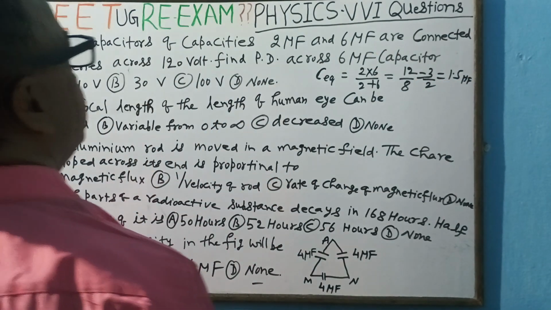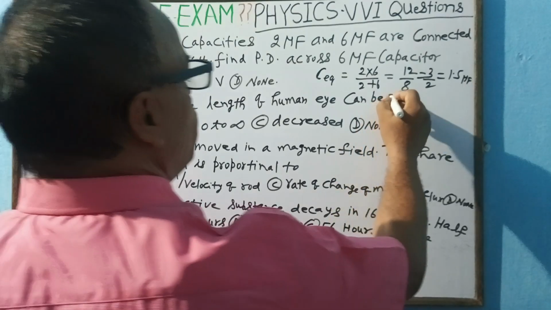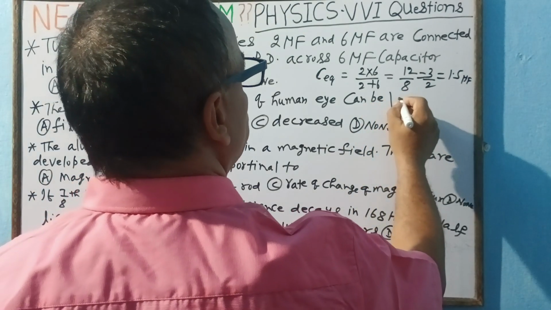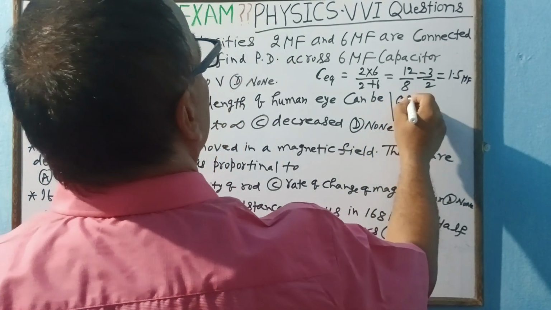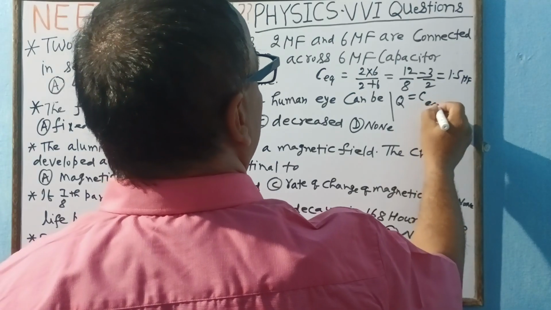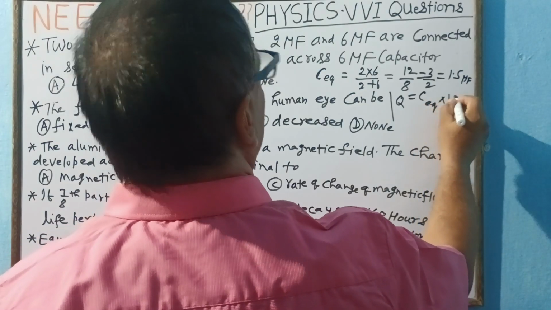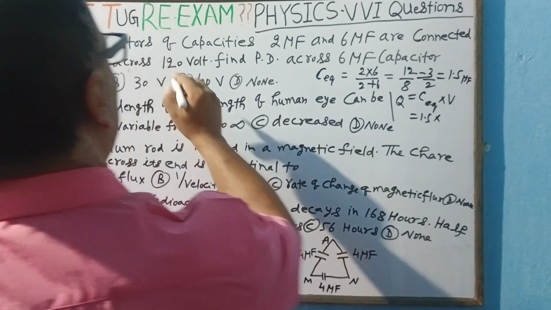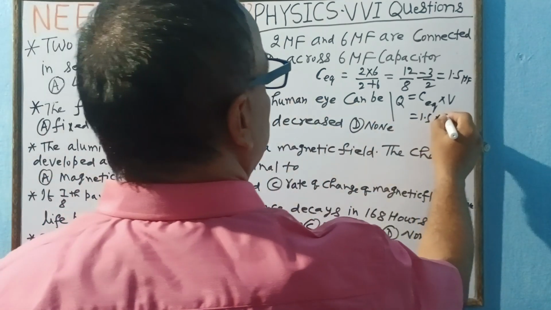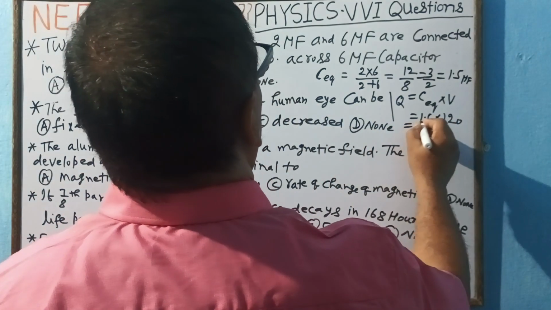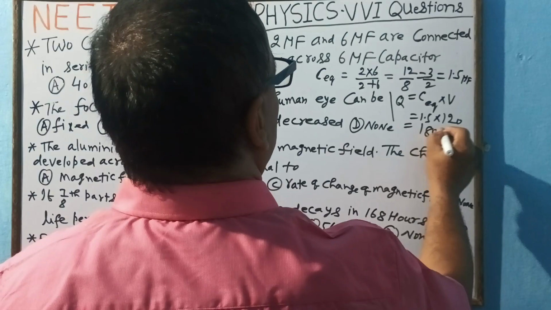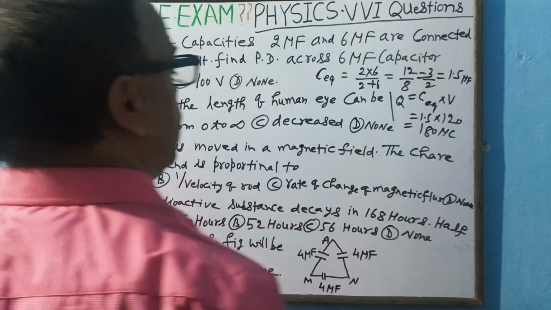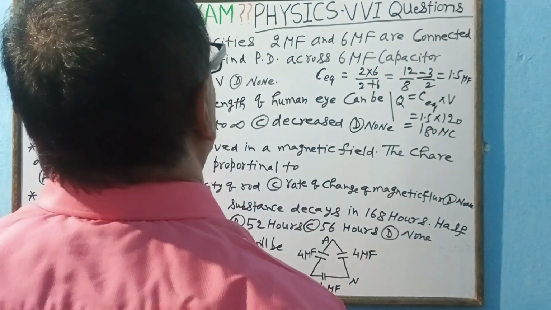And we have to find the charge Q. Q is equal to C equivalent into V, that is 1.5 into V, where V is 120 volt, and the result is 180 microcoulomb, that is the total charge.